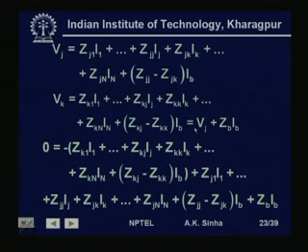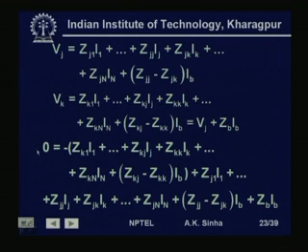What we can now do is take all these terms on this side, then we get Vk minus Vj minus Zb Ib equal to 0, or we take the Vk term on this side, so we have Vj minus Vk plus Zb Ib is equal to 0.